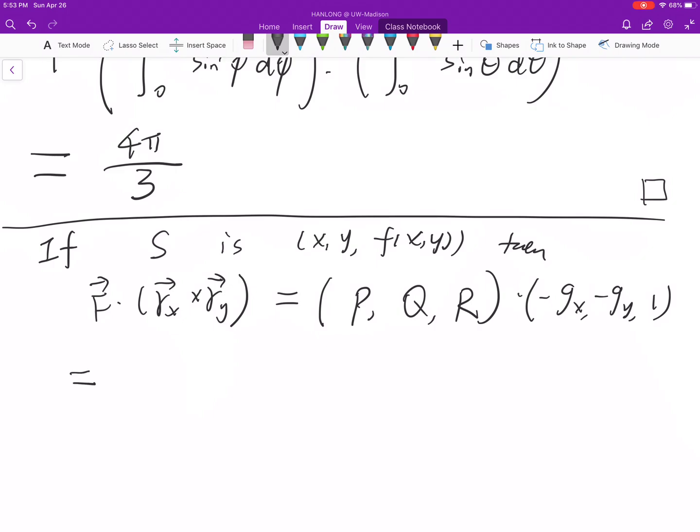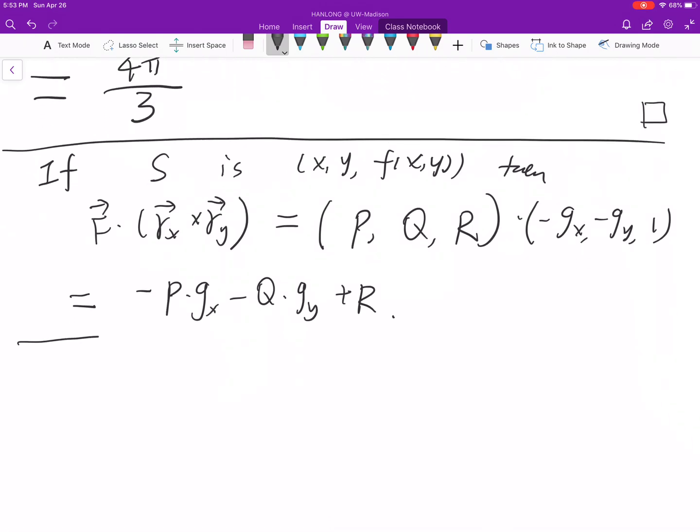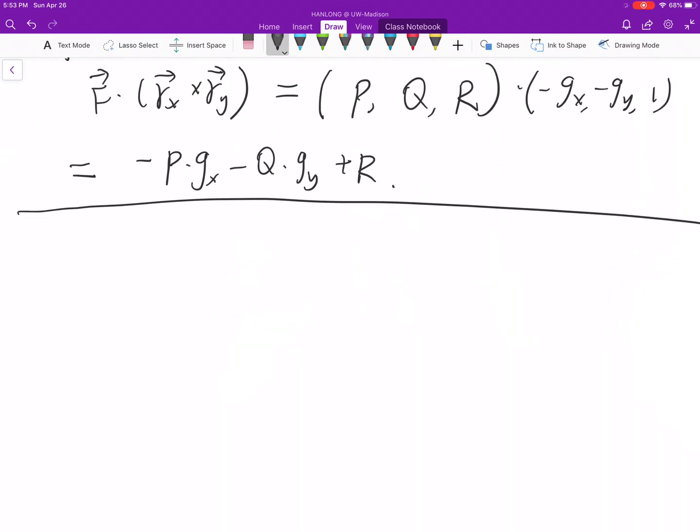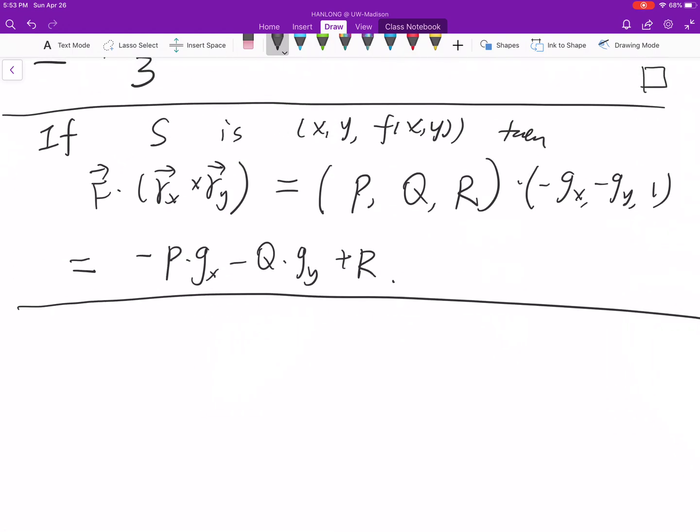So this will be minus P times g_x minus Q times g_y plus R. You need to compute this. Okay, I don't suggest you remember this formula. I'm just telling you for the graph case, you have easier computation.